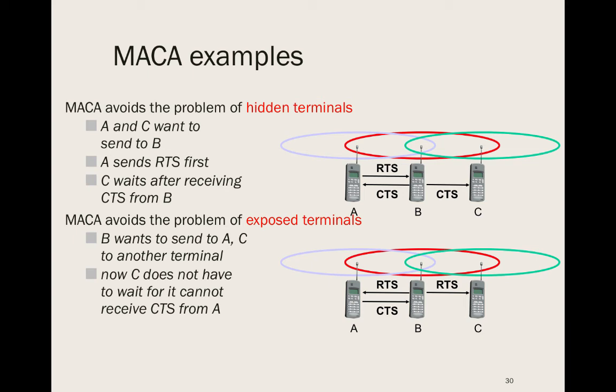Also for the exposed terminals, B wants to send to A and C wants to send to another terminal. Now C does not have to wait, because it cannot receive the CTS from A.